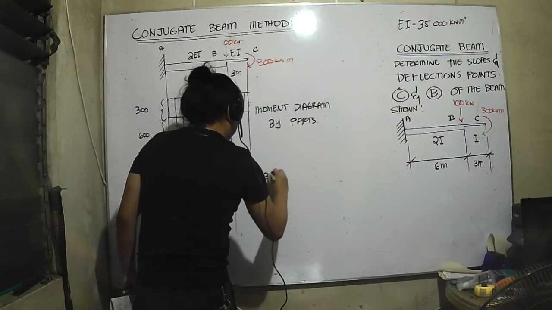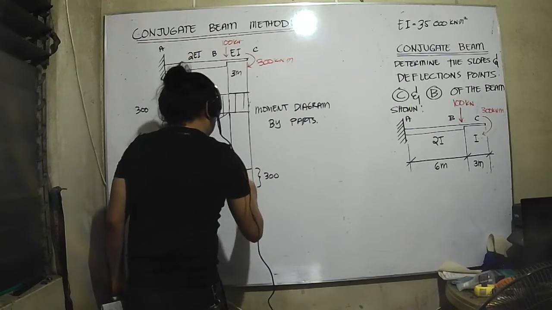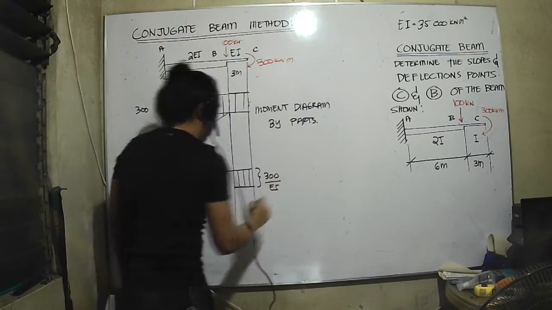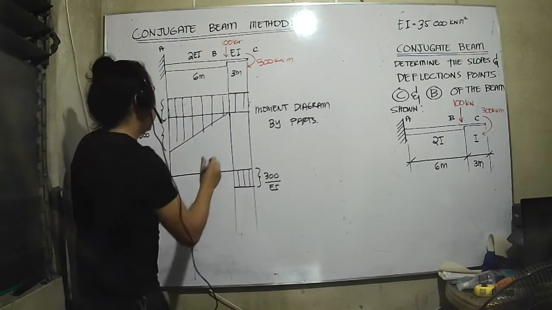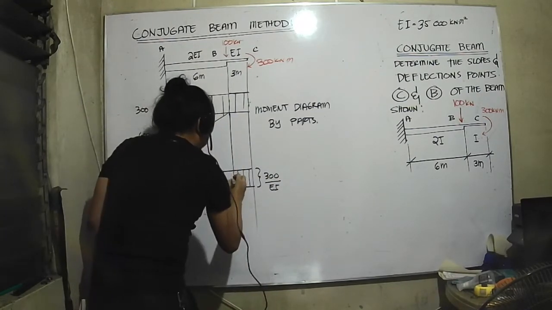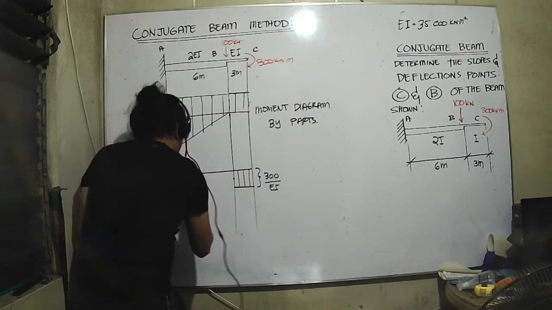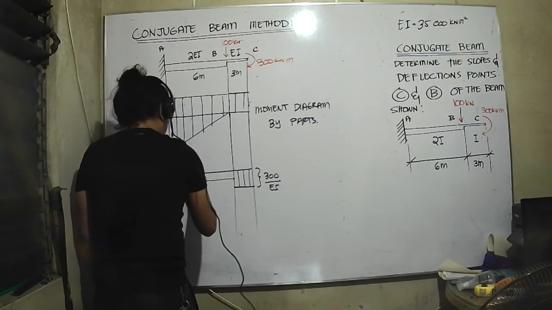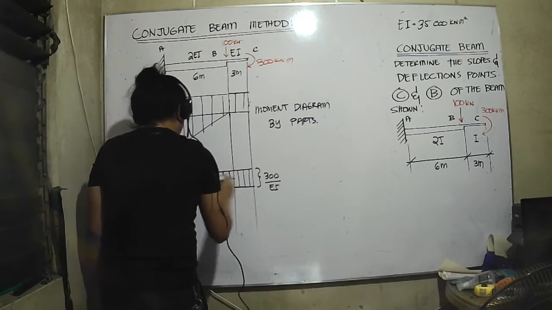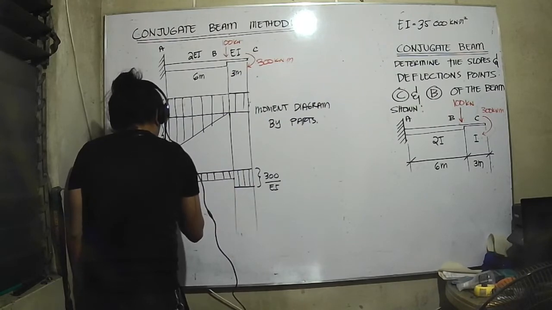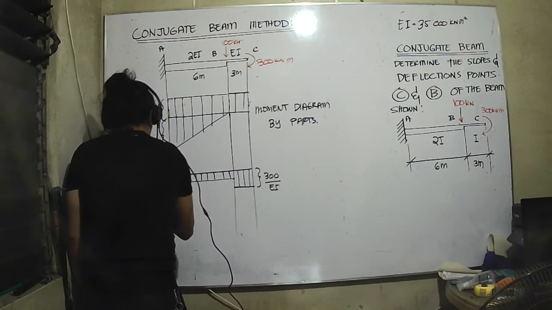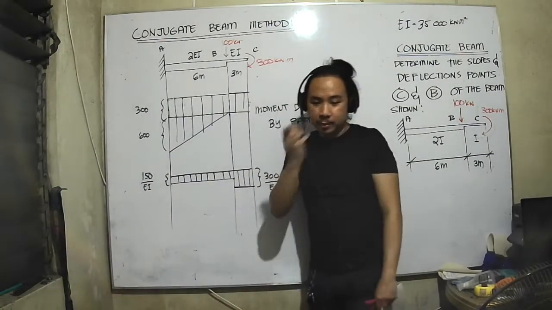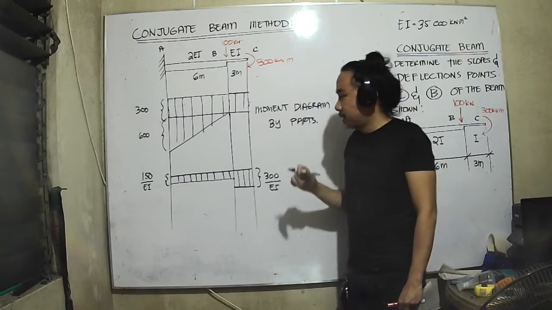This is 300, divided by EI for this portion. For the other portion, 300 divided by 2EI is 150 over EI.